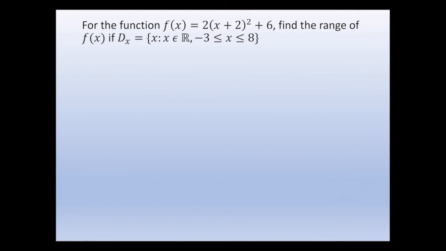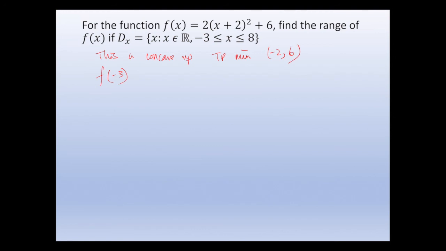What about this one? For the function f(x) equals 2(x plus 2) squared plus 6. Try this. Use the method I showed you just now. Pause the video for a while and do it. Here you can see that this is a concave up shape, and therefore the turning point is actually a minimum and is (-2, 6).